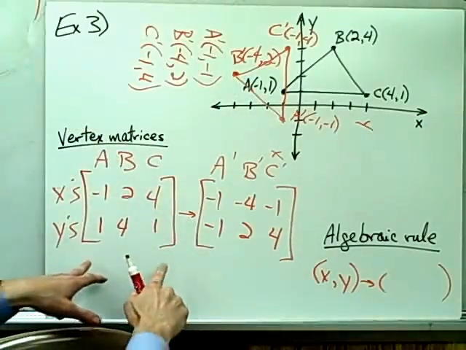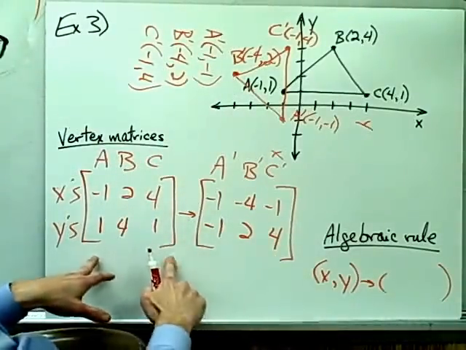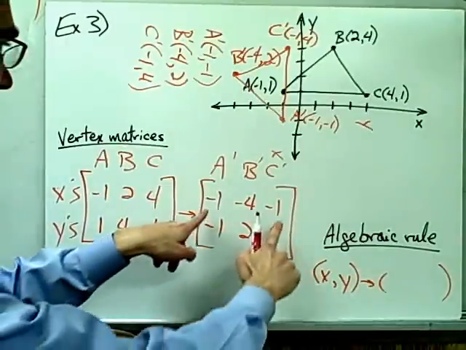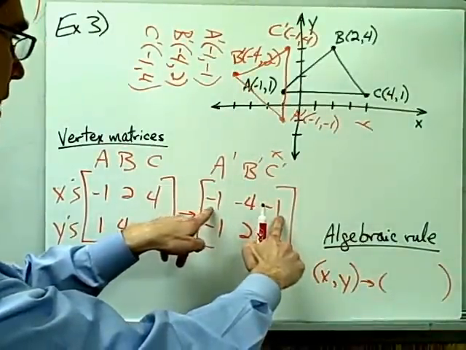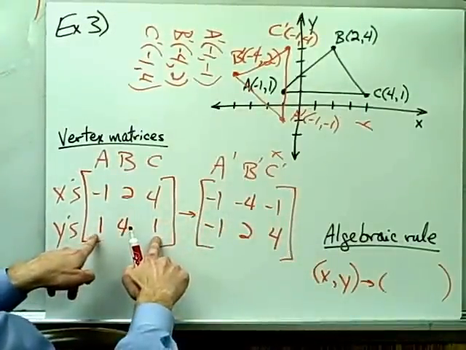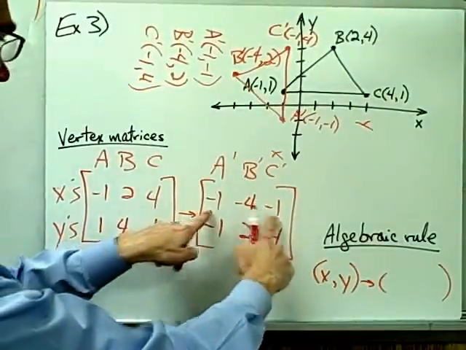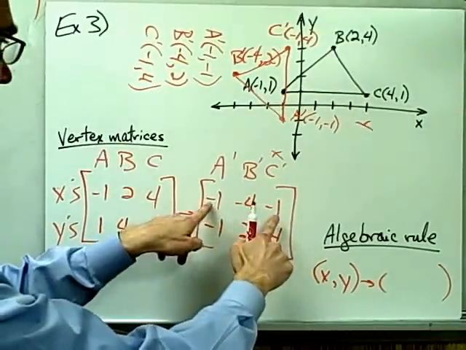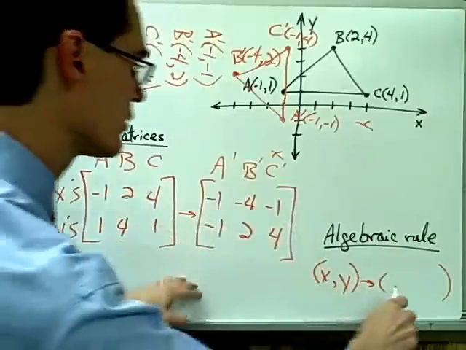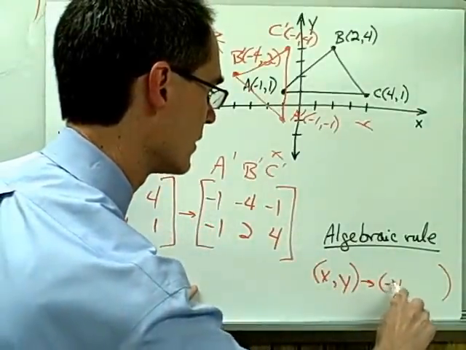Okay, so let's look at the two matrices here and see if we can figure out what the pattern is. My new x coordinates look the same as my original y coordinates, except they're all negative. So my new x coordinates are going to be my original y's, just negative.